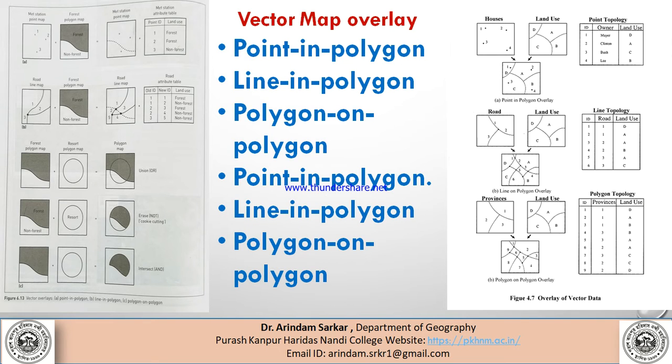Now, next is the vector map overlapping. Vector map overlapping is of 6 types, that is point in polygon, line in polygon, and polygon on polygon.